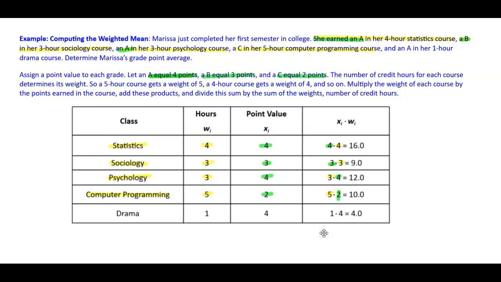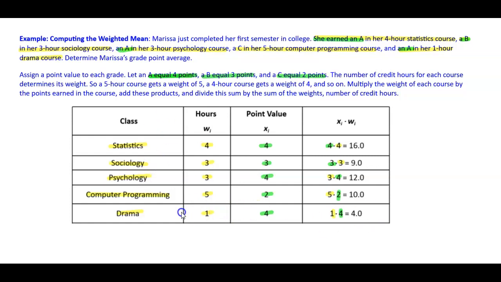And then the last course is her drama course, and she earned an A in a 1-hour drama course. So we know that the drama had 1 hour, and she earned an A in that course, which represents 4. So 1 times 4 gives us 4.